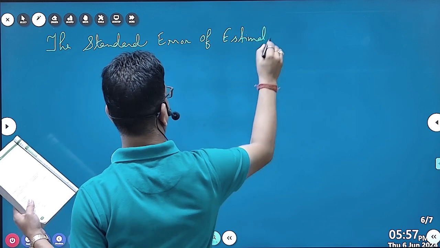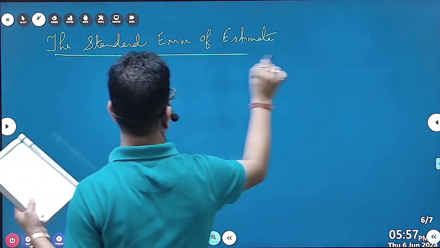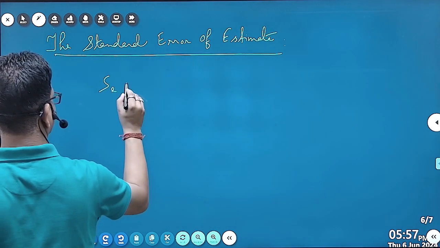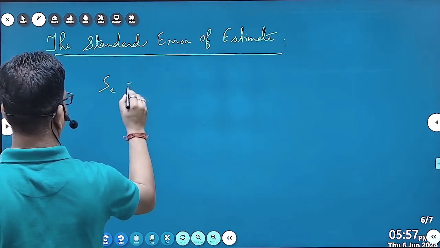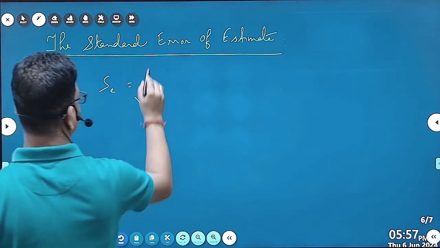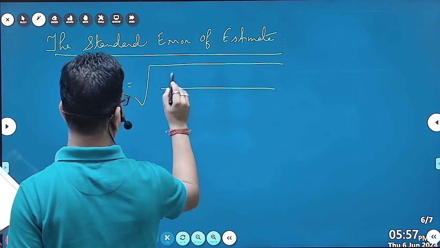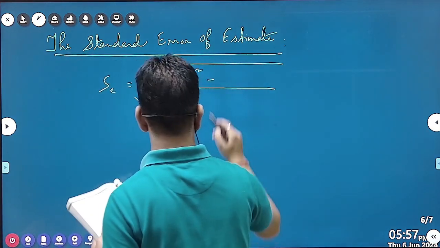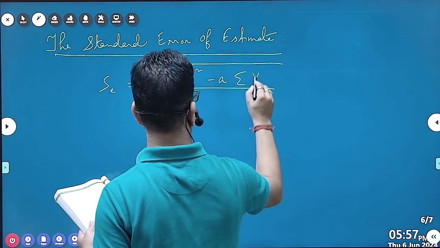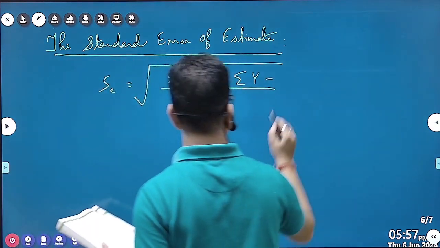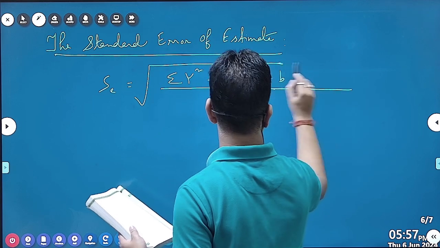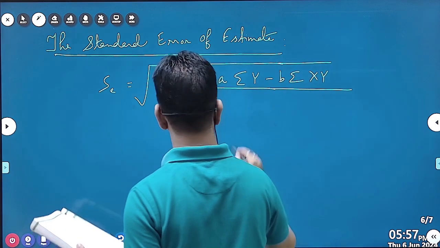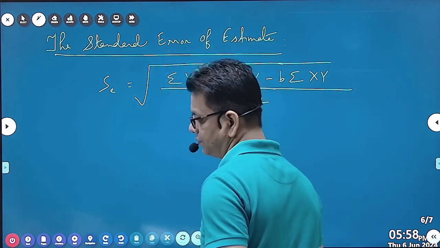I will just discuss the formula because you know how to put the values. Getting it? So standard error S.E. equals, this is the formula, the square root of summation of y square minus A summation of y minus B summation of xy, by n minus 2.